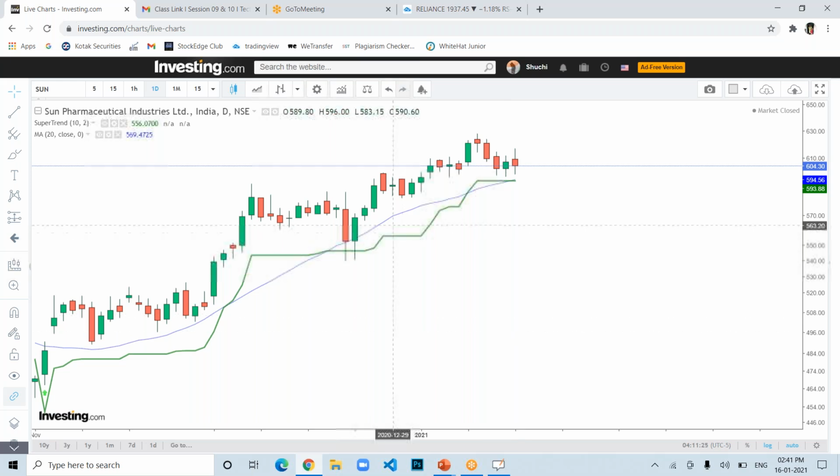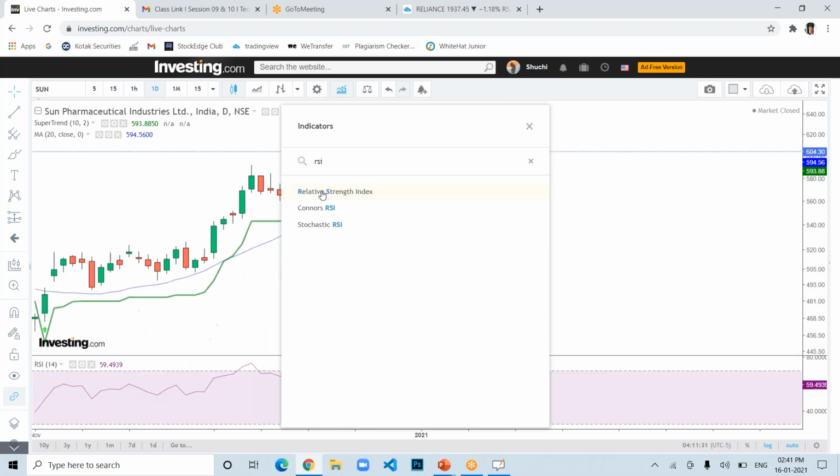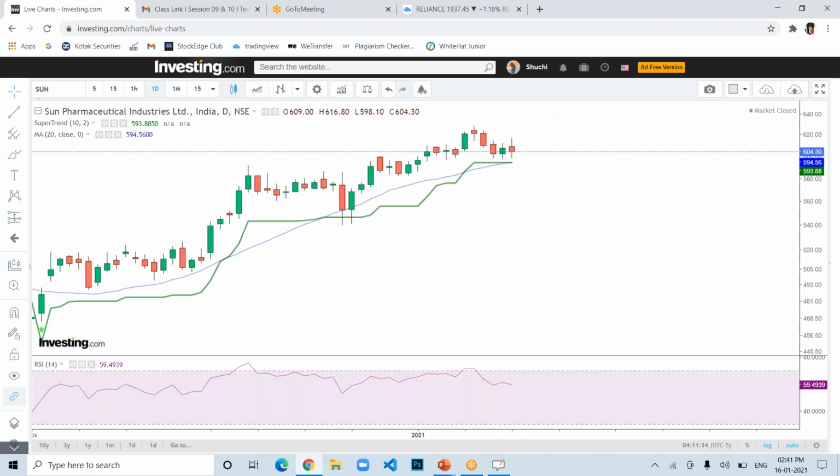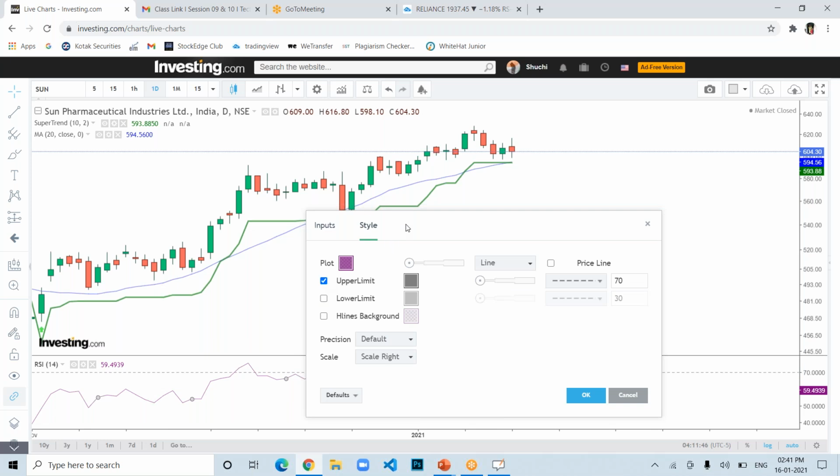The third thing you plot is the RSI, relative strength index. You will keep the parameters the same, 14. Style, just hide the background. You just need a 50 line.